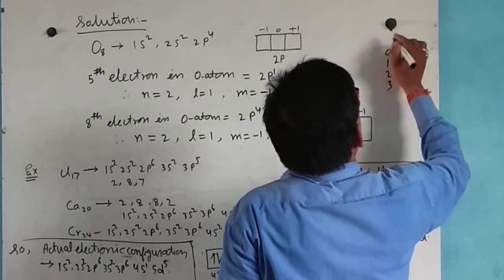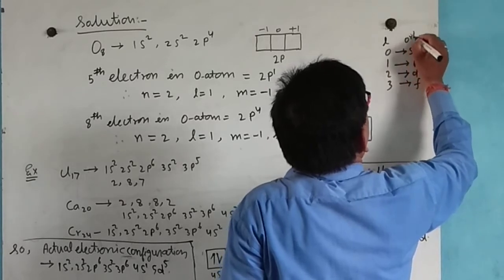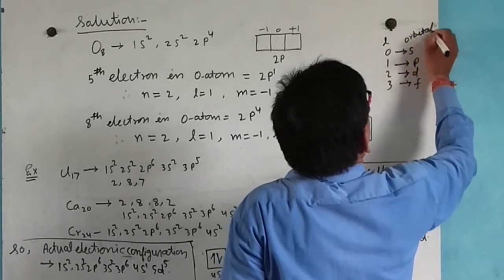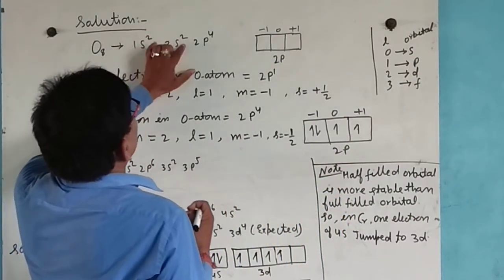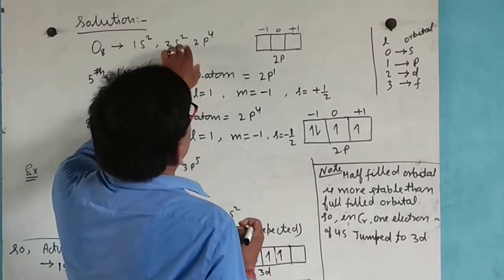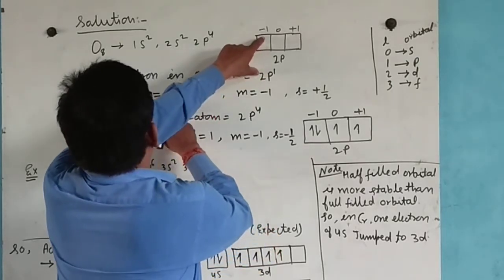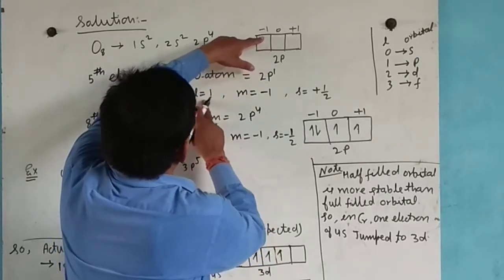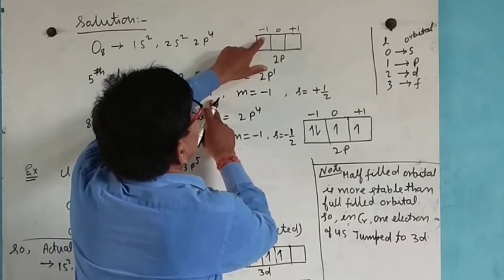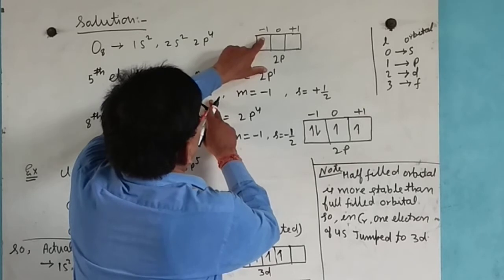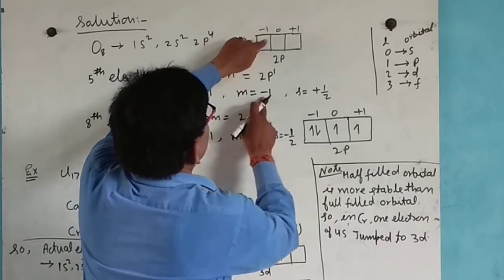Now the 5th electron that comes here has n equal to 2, l equal to 1, and m equal to -1.